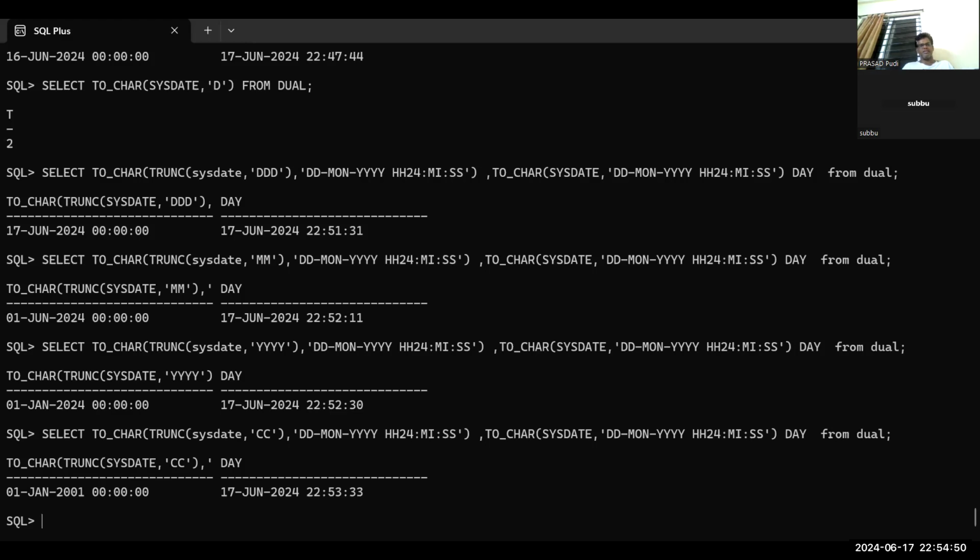Along with this one, already sysdate also you learned. So these are the date functions.